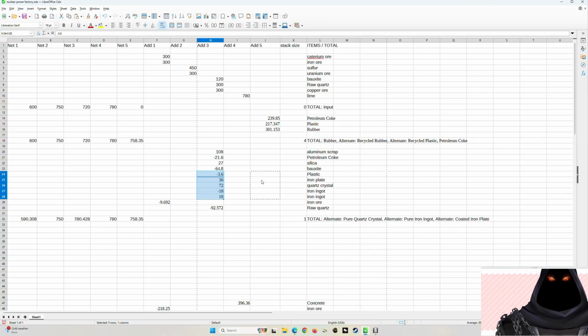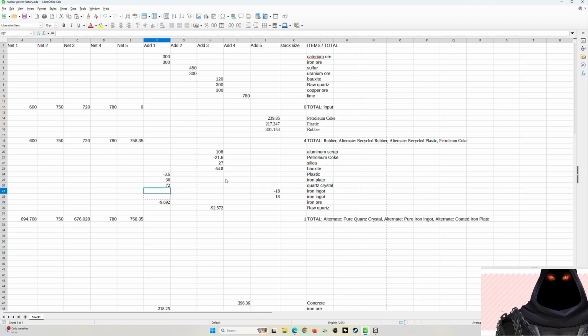We're just barely over the limit there. Yeah, this is internalized, so this doesn't matter. So I just picked a distribution where we're putting iron plates and quartz crystal on line.